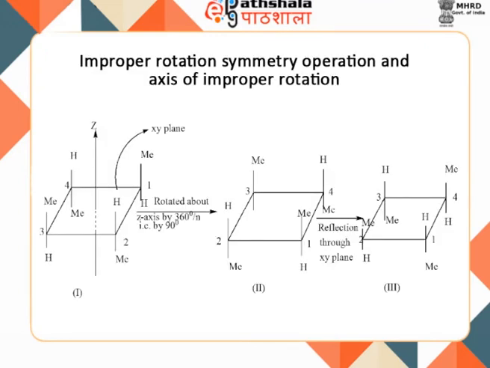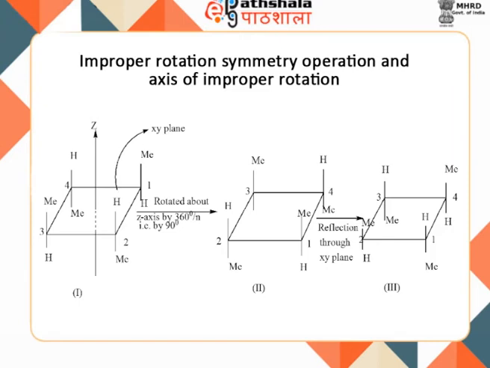Now, the last one is the axis of improper rotation, or improper rotation symmetry operation. If the rotation of a molecule about an axis by 360 degrees divided by n, followed by reflection through a plane perpendicular to the axis, produces an orientation which is indistinguishable from the initial one, it is called improper rotation symmetry, and the axis is called the n-fold axis of improper rotation, Sn.